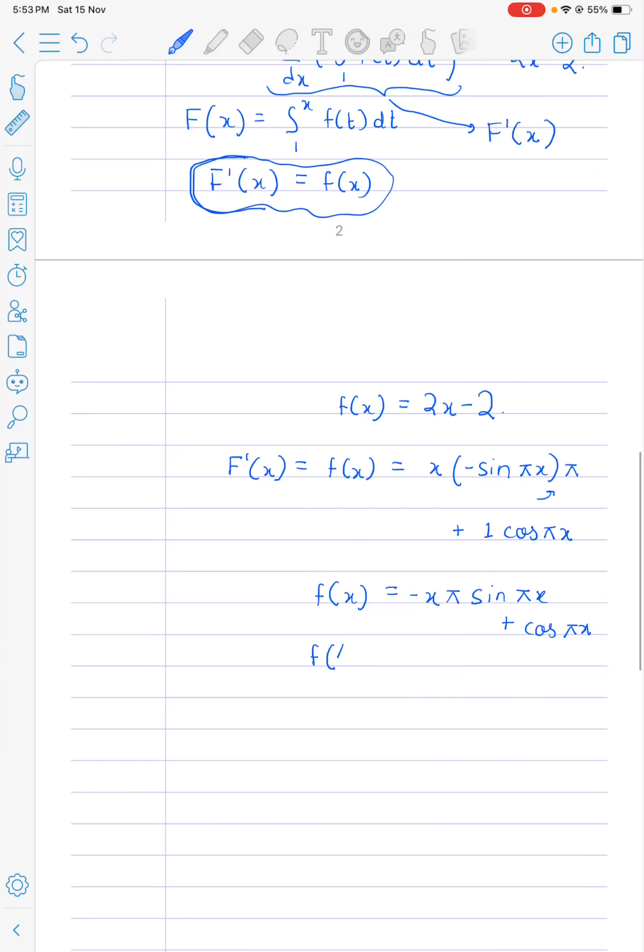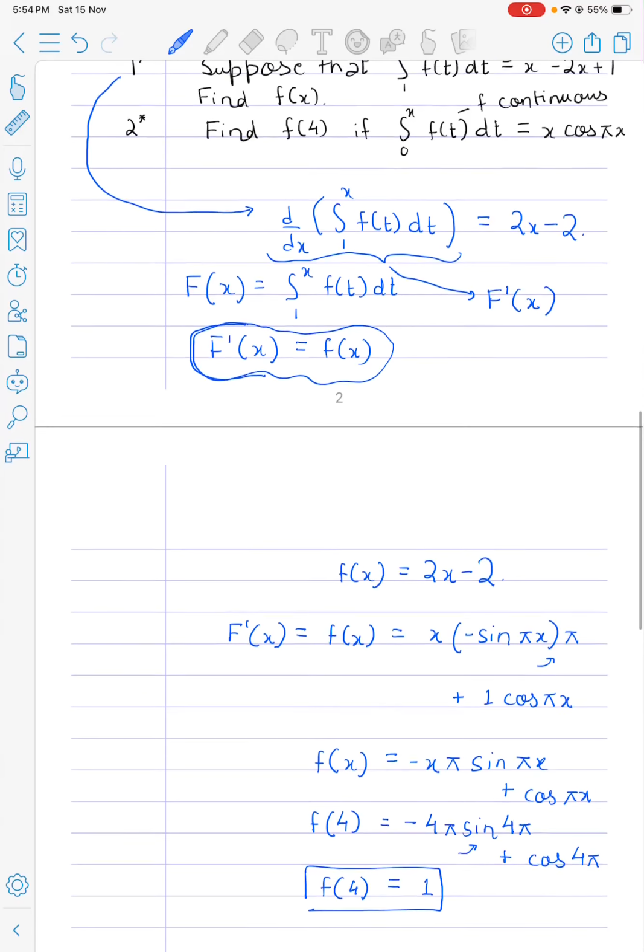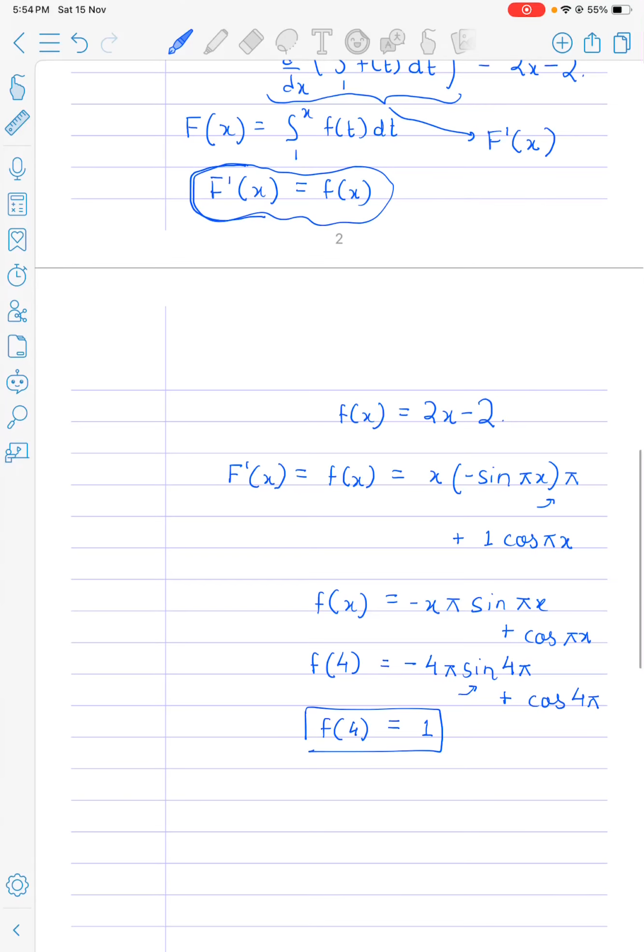Okay, we want f(4). So f(4) will be, put 4, you will get minus 4 pi sin(4 pi) plus cos(4 pi). And sin(4 pi) will be 0, and cos(4 pi) will be 1, right? So f(4) will be 1. This solves question number 2 star. Okay, thank you.